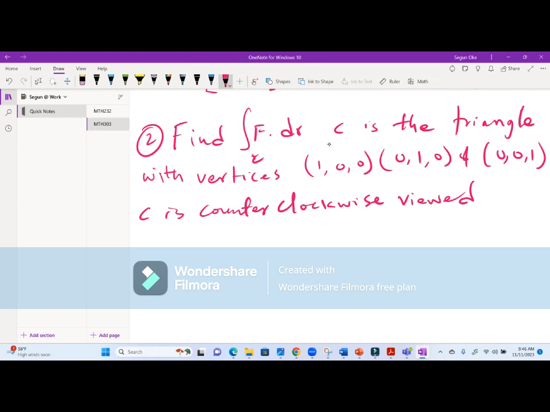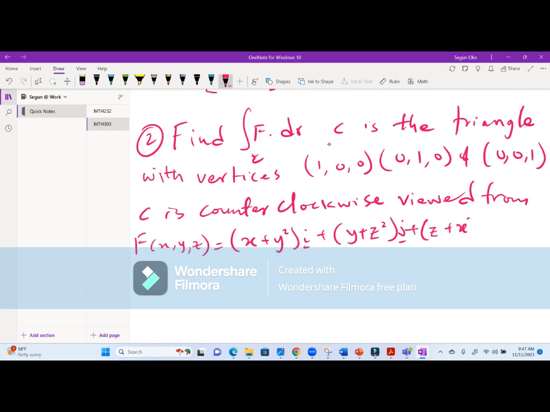So we have F of x, y, z equals x plus y squared i, plus y plus z squared j, plus z plus x squared k.